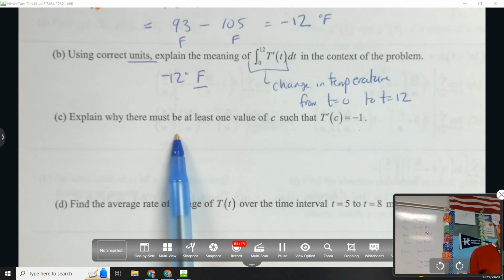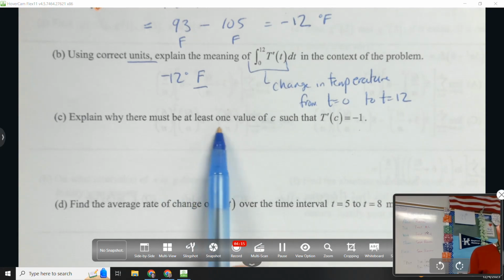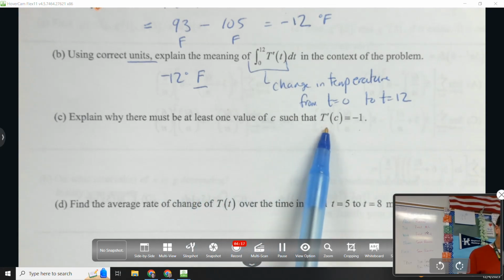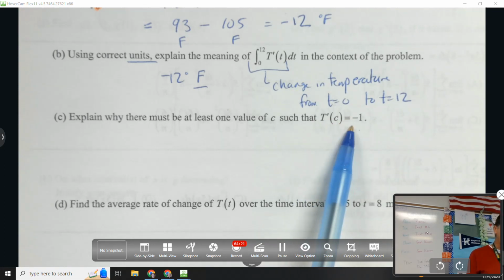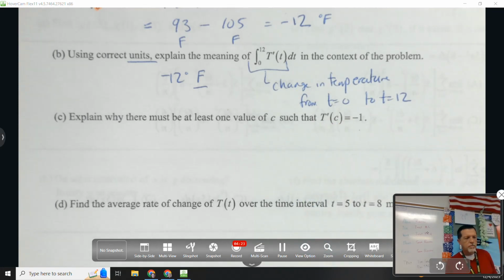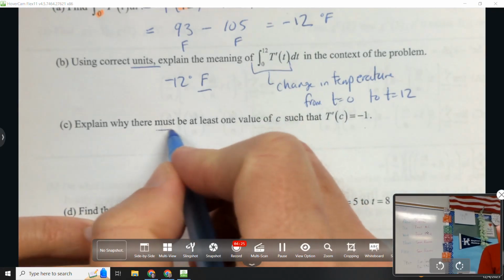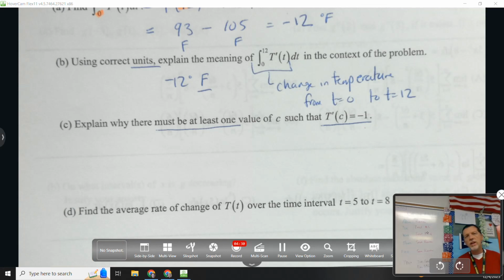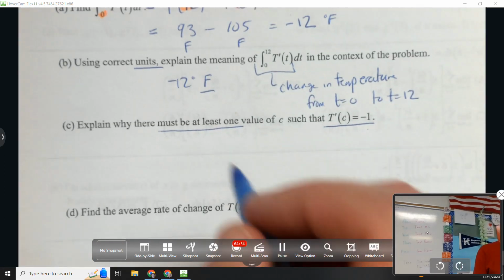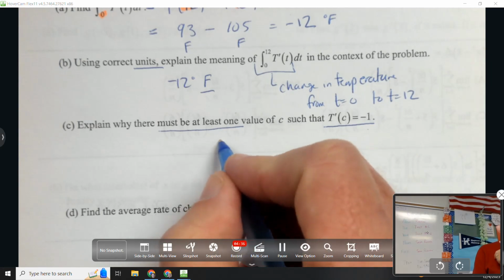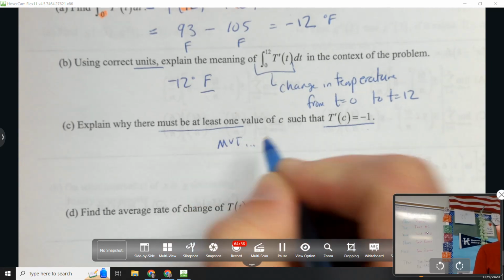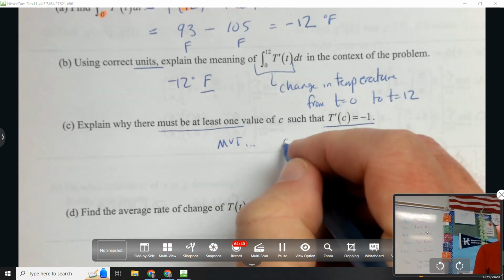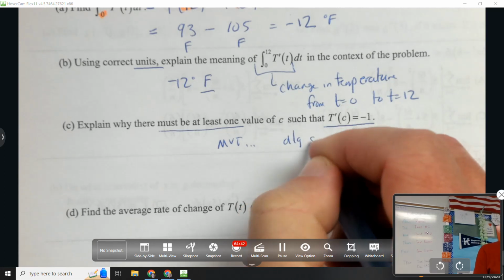Part C, explain why there must be at least one value c such that t prime of c equals negative 1. Okay, it must be at least one value where a derivative equals negative 1. That sounds like mean value theorem, where the algebra slope equals the calculus slope.